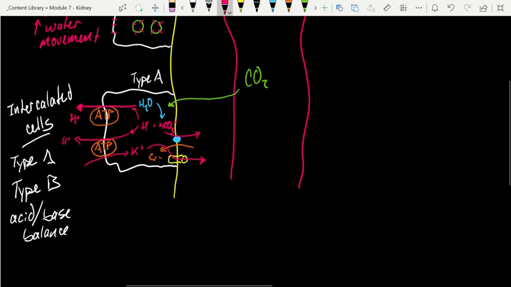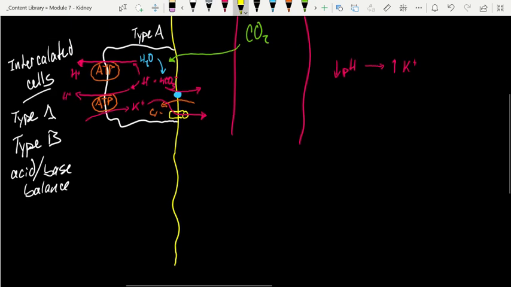So acidosis can lead to hyperkalemia. In other words, if I decrease the pH, that could lead to increased K+.